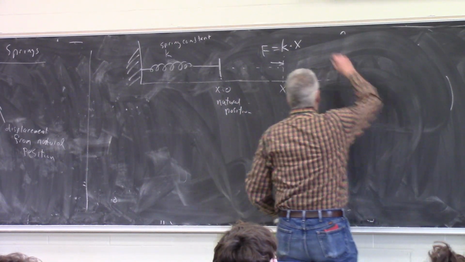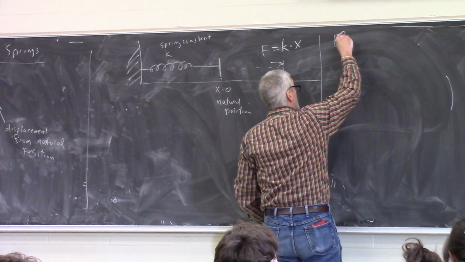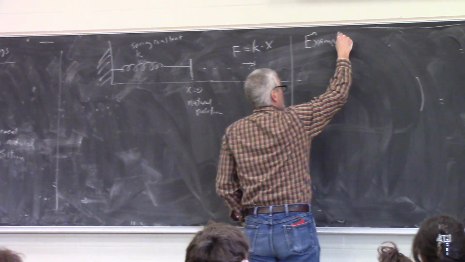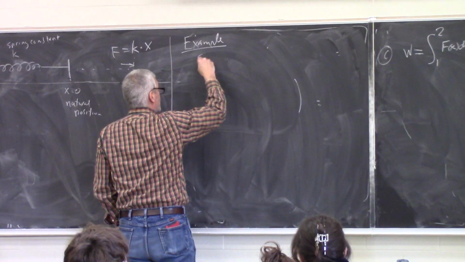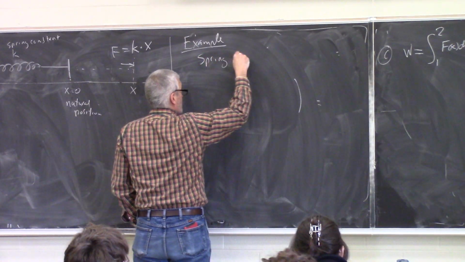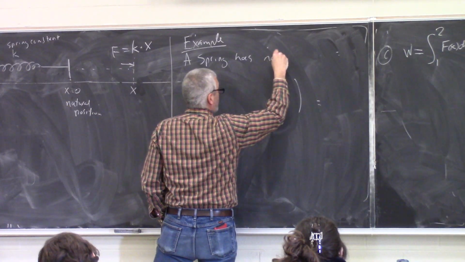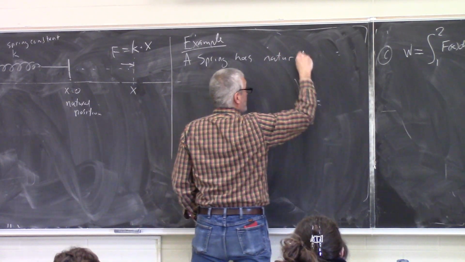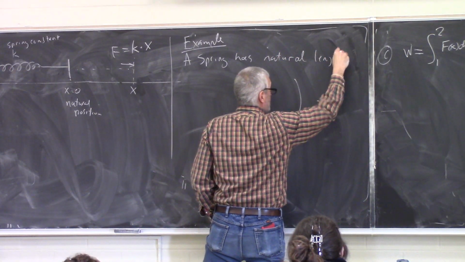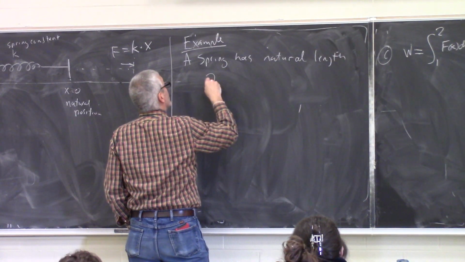All right. So here's an example. A spring has natural position or natural length 20 centimeters.